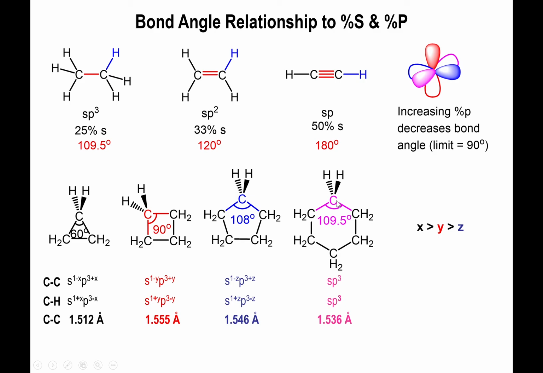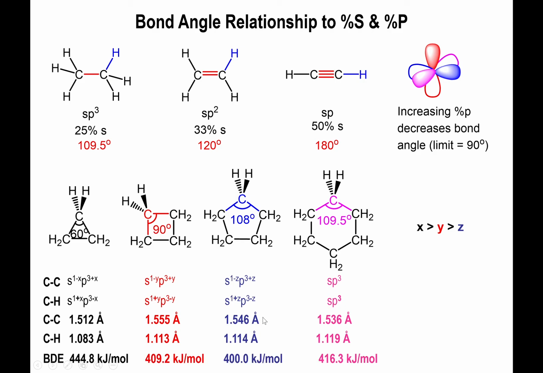So the carbon-carbon bond lengths are going to be increasing, and that's kind of what we see. 1.536 goes up to 1.46, which goes up to 1.555, and then it has a decrease for the trigonal shape, which I'll discuss later. For the carbon-hydrogen bonds, the S content goes up as we move to the left in the series, so we see that the bond lengths decrease from 1.119 to 1.114 to 1.113 to 1.083, implying that the hybridization is working out.